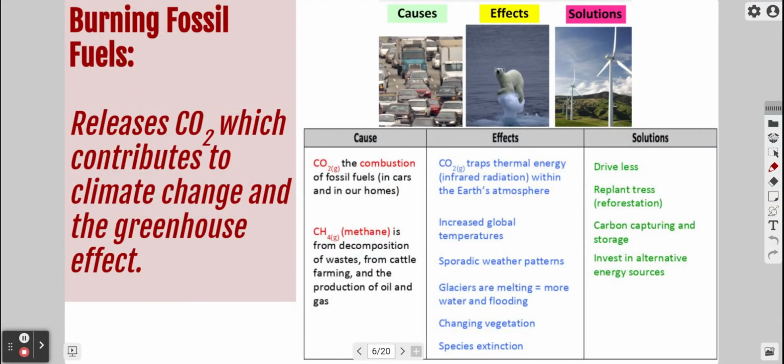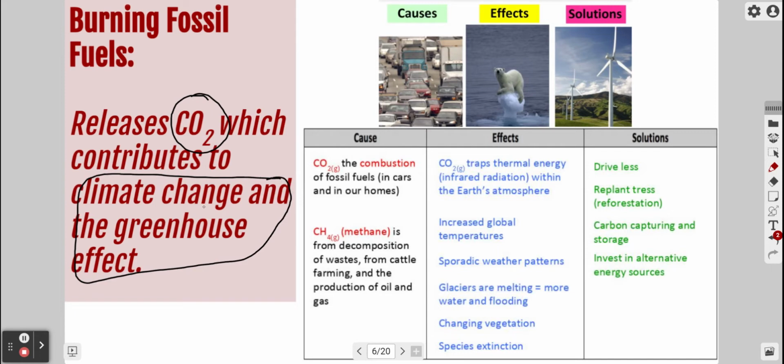So again, this is a little bit of review from Unit B when we were looking at acid rain and different effects of combustion. When we burn fossil fuels, you need to remember that you're releasing carbon dioxide, which contributes to climate change through the greenhouse effect.